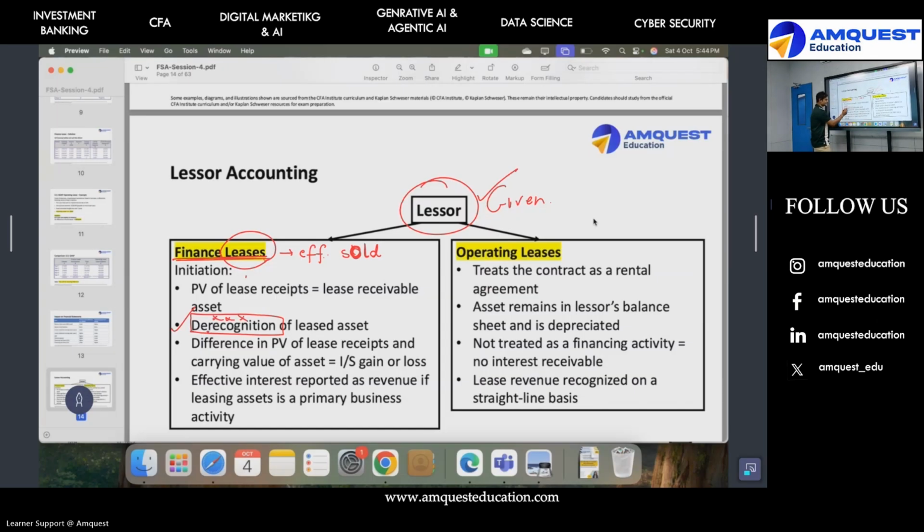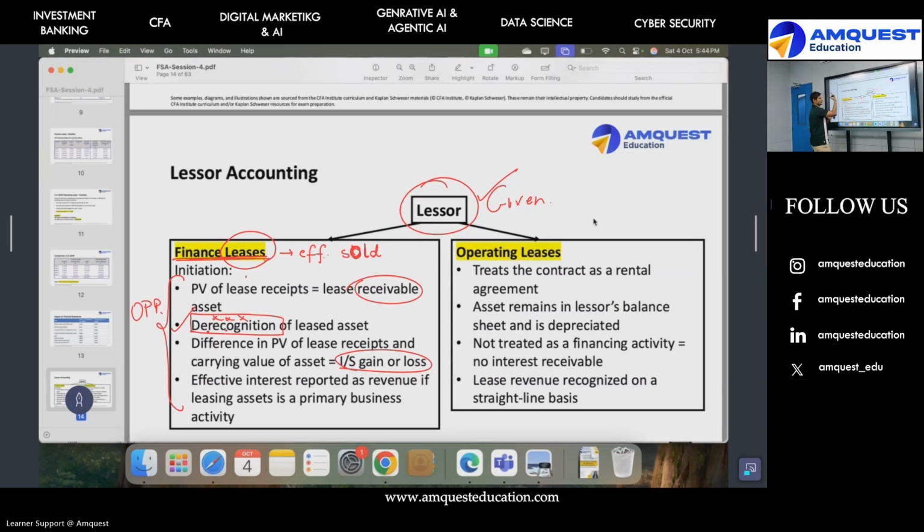The day he gave the asset, he's supposed to record it, right? And he'll follow the exact same thing. He will show a receivable, where the other showed a payable of 379, he will show a receivable of 379. Where the other showed an asset of 379, he will show a sale of 379. Whatever the other guy did, I showed you last time, is exactly the opposite of what this guy will do.